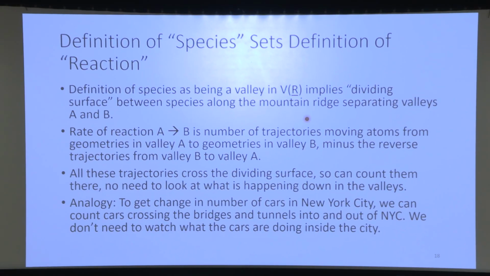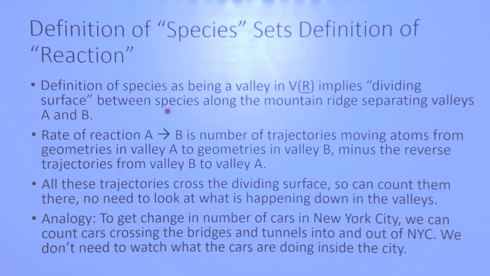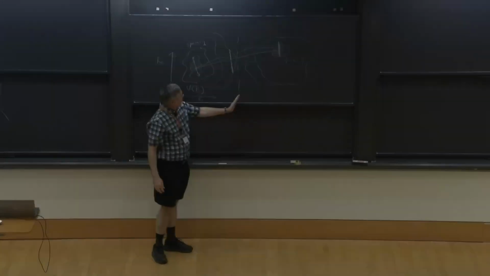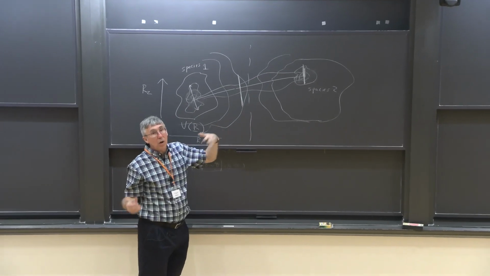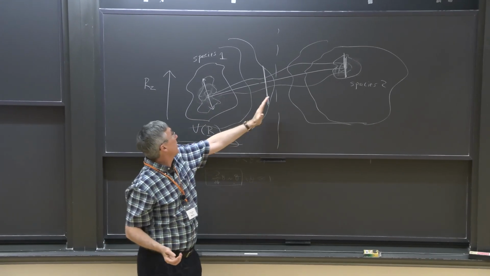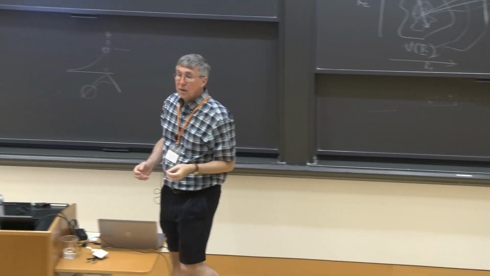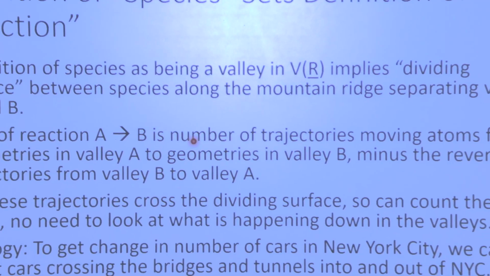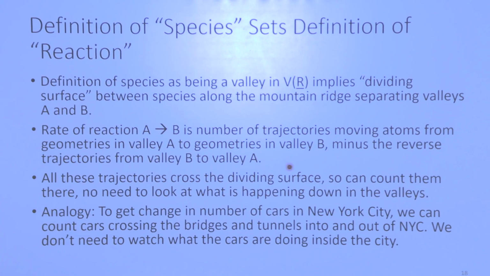All right. So when I define them, I'm assuming I have a dividing surface, that there is some dividing surface that exists, or I'm defining it. I'm saying, okay, everything on the left I'm calling species 1, everything on the right I'm calling species 2. And then the rate is related to how much crossing I have across that dividing surface.